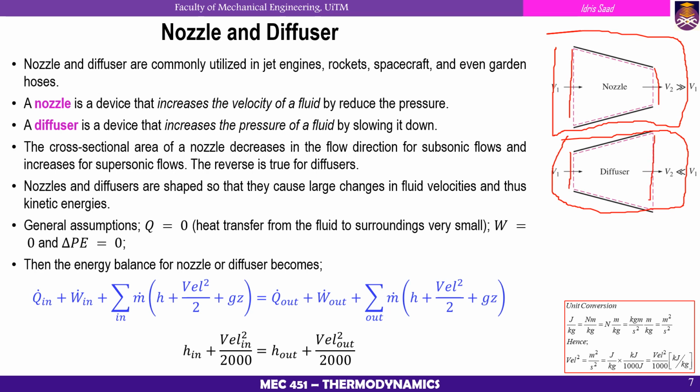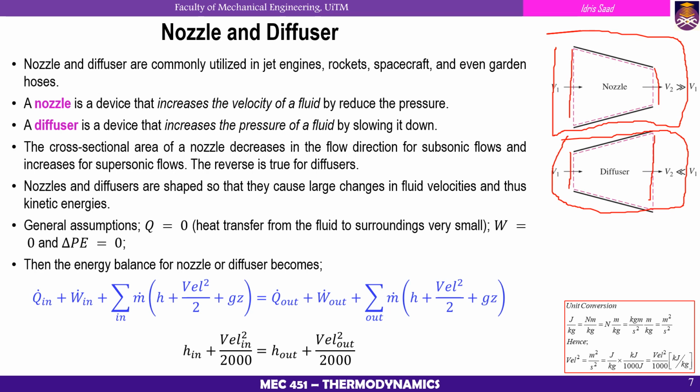Therefore, the inlet velocity of the diffuser is much higher than the velocity at the outlet. In other words, the kinetic energy at the inlet of the diffuser is higher than the kinetic energy at the outlet. Okay, so that is the introduction for the nozzle and diffuser.